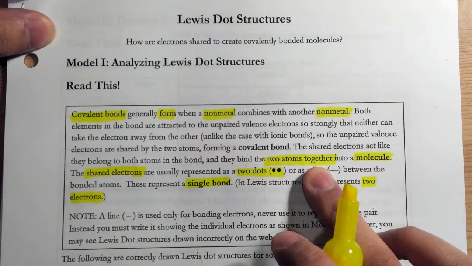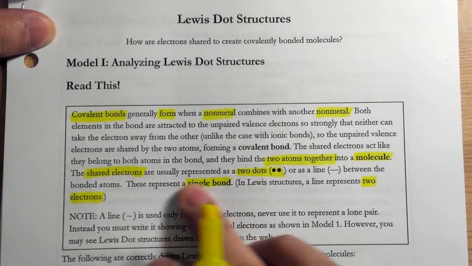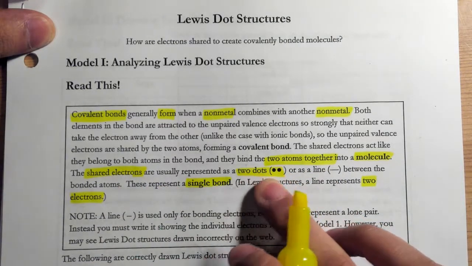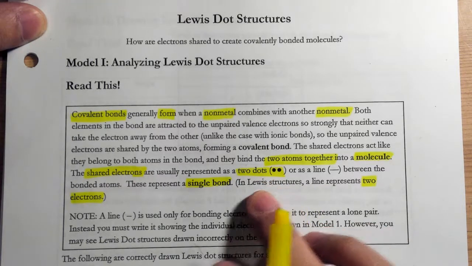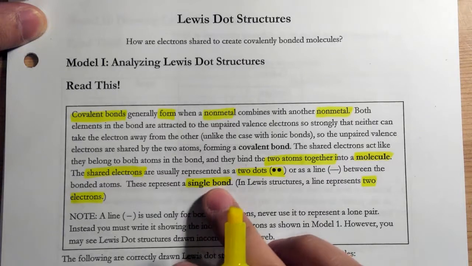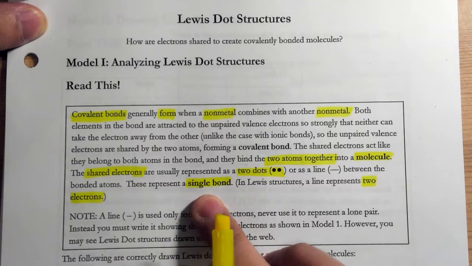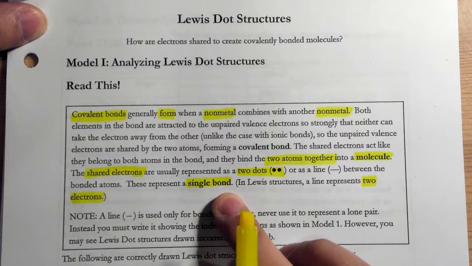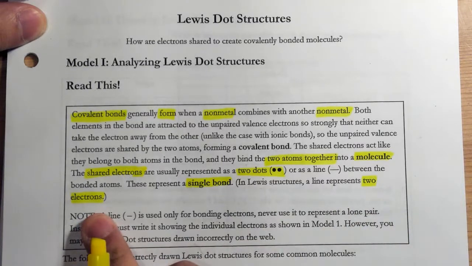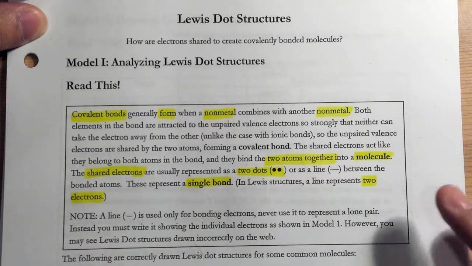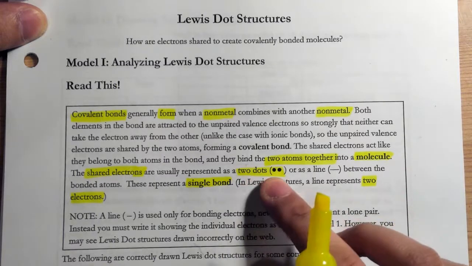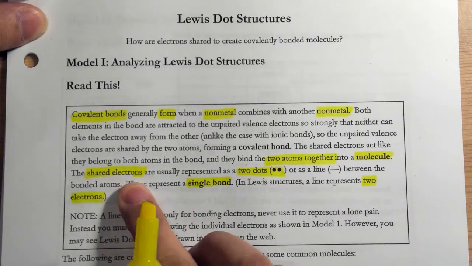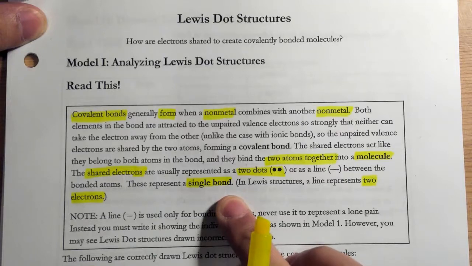The third one is shared electrons, which are represented as two dots. The fourth, or the last one, is the single bond. A single bond has two electrons. So if we're drawing out the structures, the two important points are the two dots being shared electrons, and the single bond.